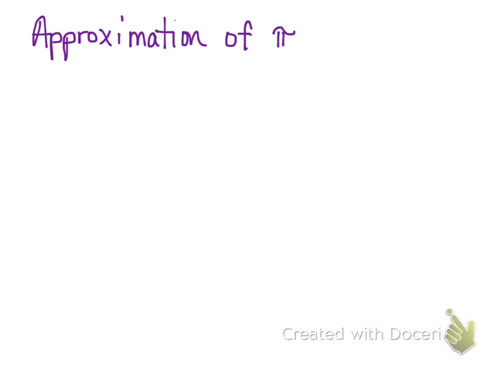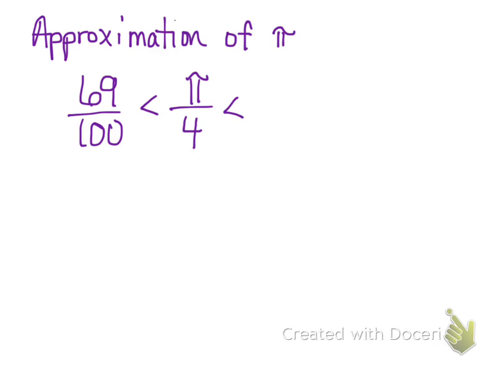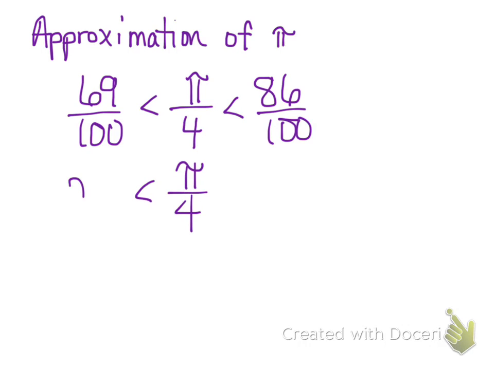Okay, so I'm going to rewrite that inequality. I have pi over 4 is greater than 69 hundredths, and it's less than 86 hundredths. Okay, and this all goes back to the unit square. Now I can write this as pi over 4 is greater than, I'm going to write these as decimals now, and less than 0.86.